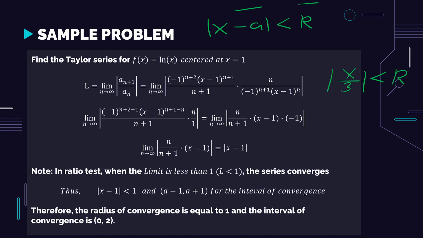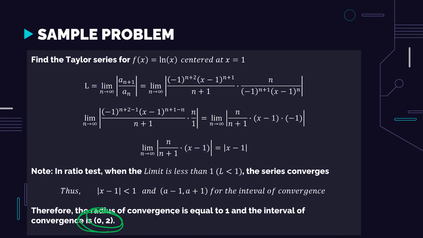It should be isolated, or in other words, it should be only the x expression on the other side, equated to the absolute value of x. So we already have our interval of convergence, which is this one, and our radius of convergence equal to 1.